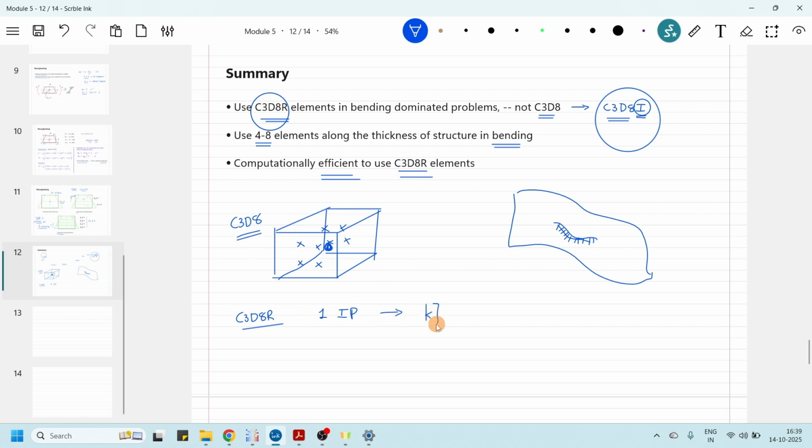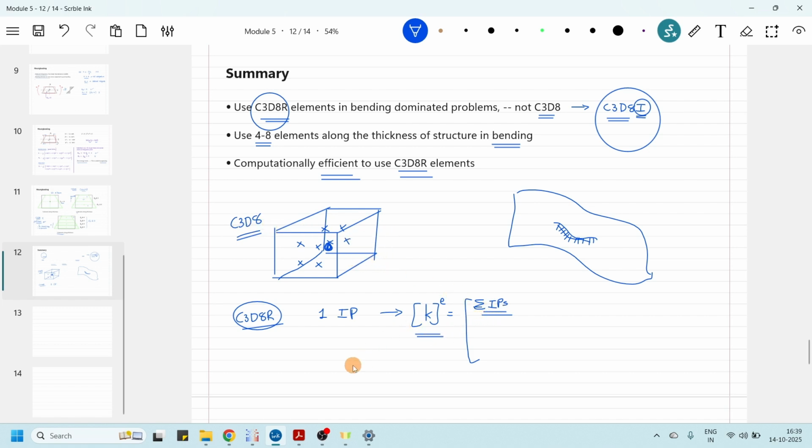So we know the stiffness matrix computation: each term is contributed by integration points. Please revisit the previous module where we discussed this in detail. So the stiffness matrix computation becomes very fast when we go with the C3D8R element. Even if we use 8 elements, it is way cheaper than C3D8 elements.